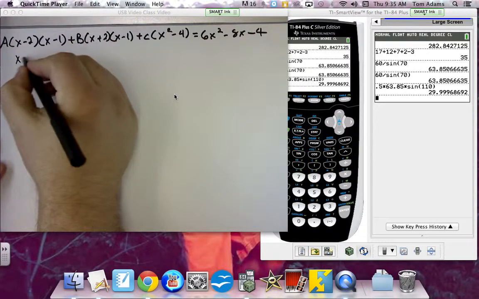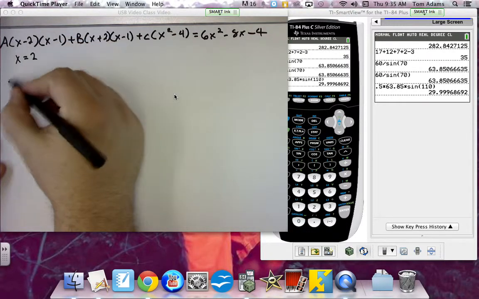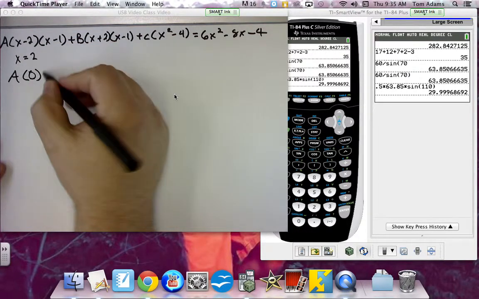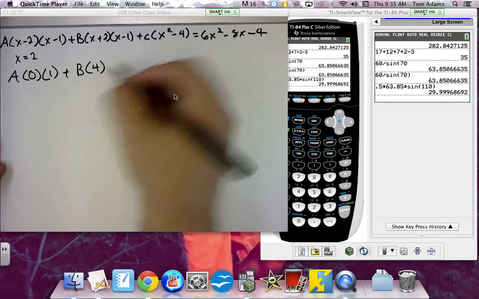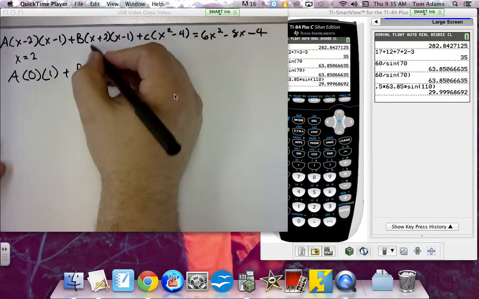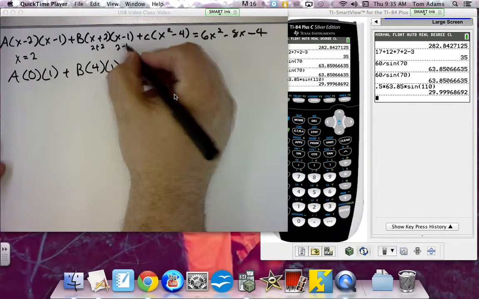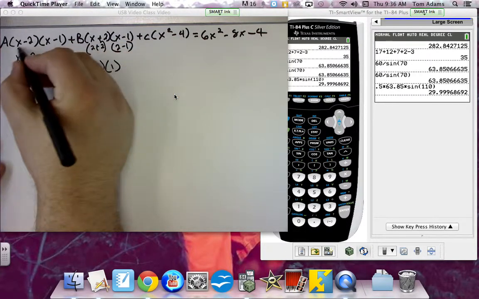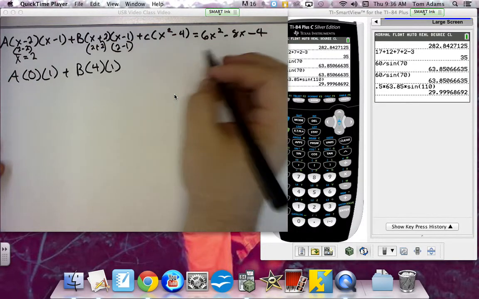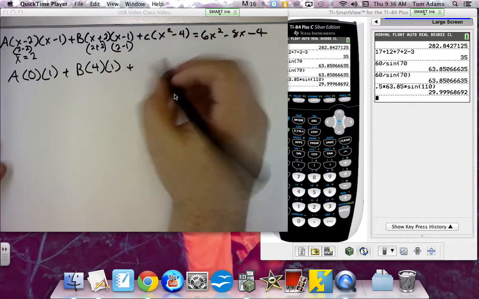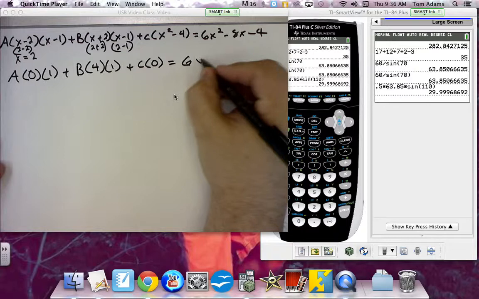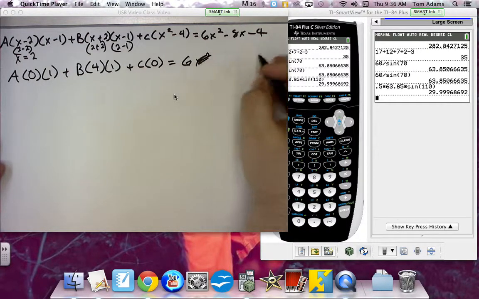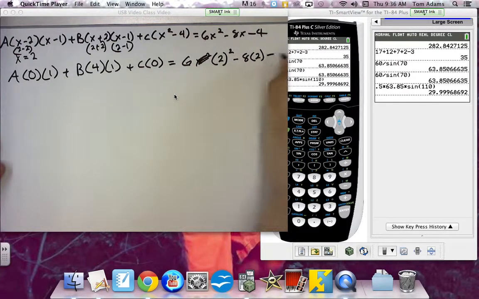If I let x equal 2, then I get A times 0, plus B times 4 times 1, plus C times 2 squared minus 4, which is 0, is equal to 6 times 2 squared minus 8 times 2 minus 4.